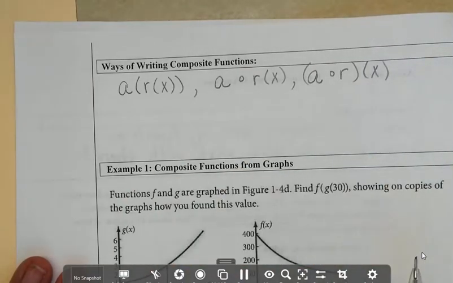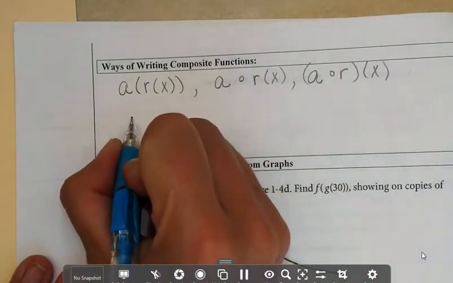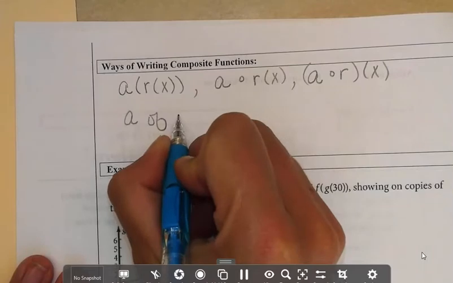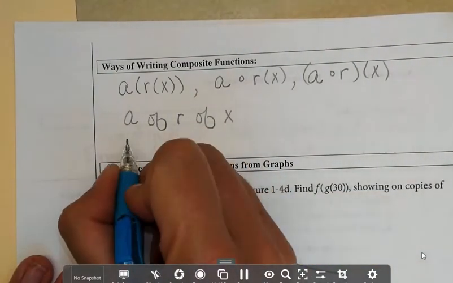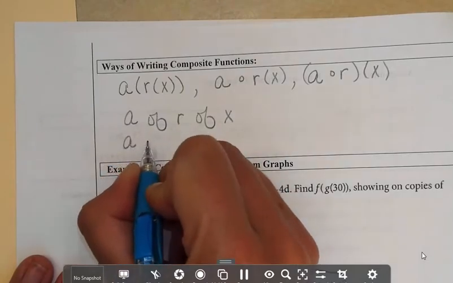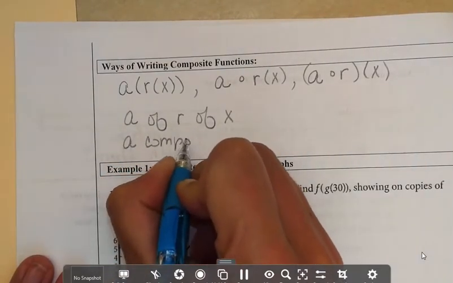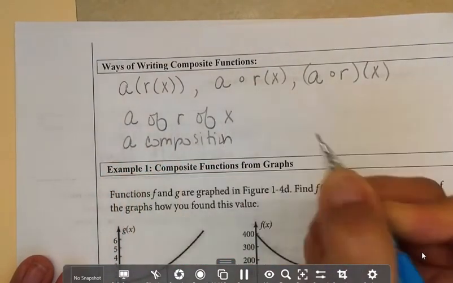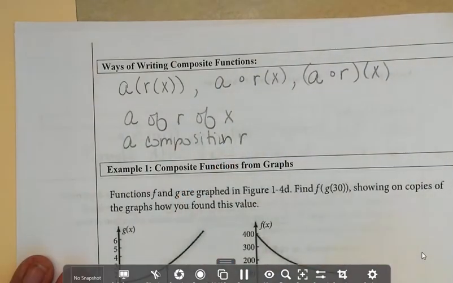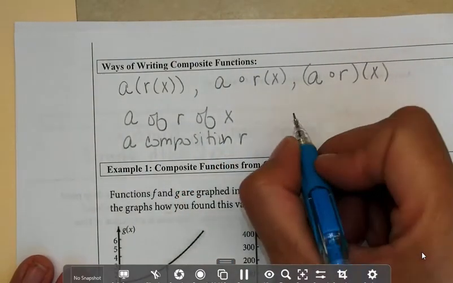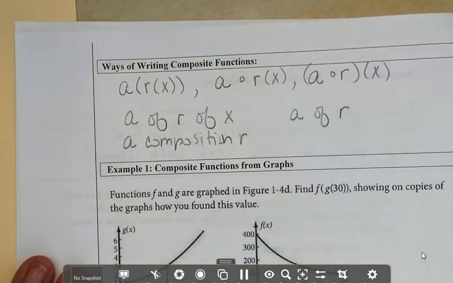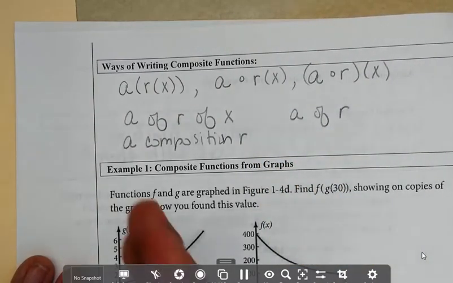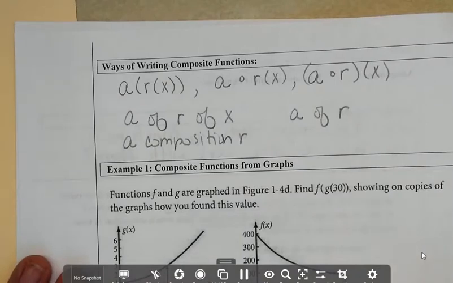These all mean the same thing: a of r of x. You could also think of it as the composition of a and r, or you could also consider it a of r. Those are all different ways of writing the composition of functions.